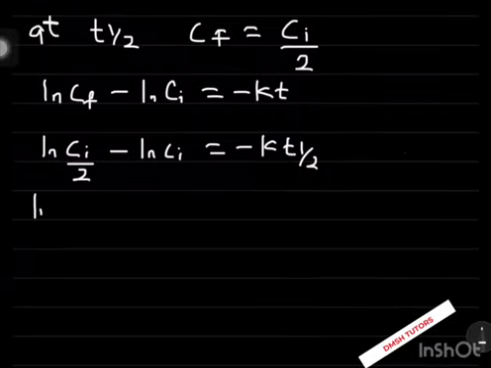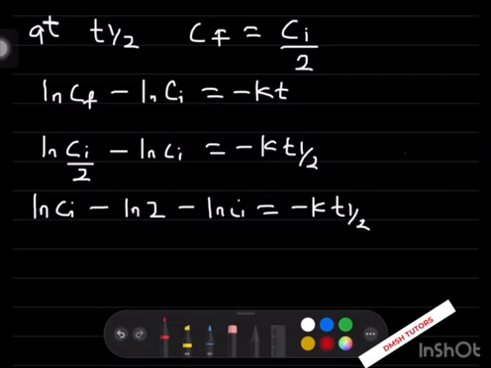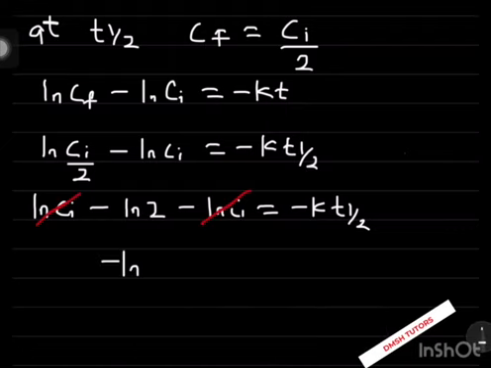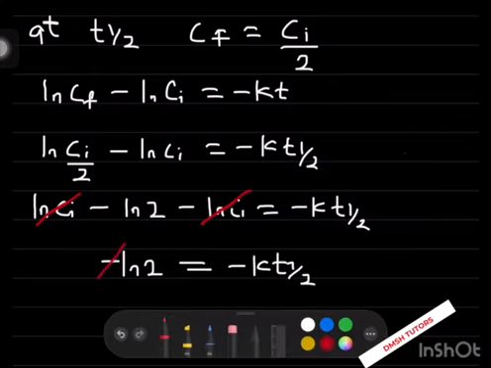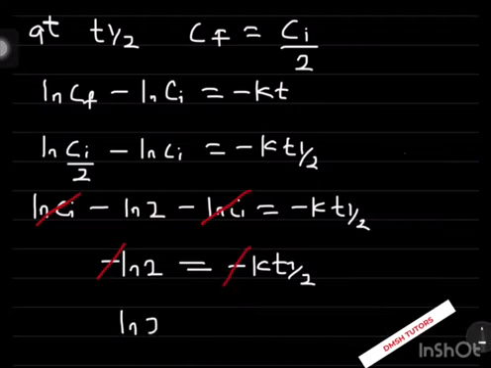Therefore, we have ln Ci minus ln 2 minus ln Ci equals minus k t half-life. The ln Ci terms can cancel out, and we have minus ln 2 equals minus k t half-life. And also, the negative sign can cancel the negative sign. So we have ln 2 equals k t half-life.